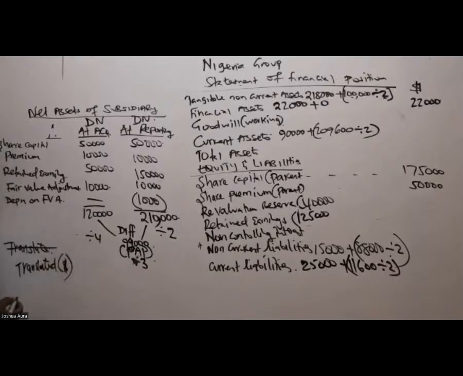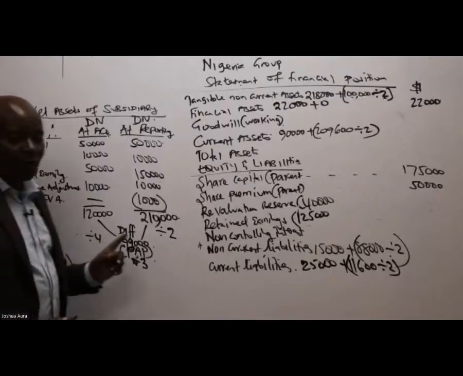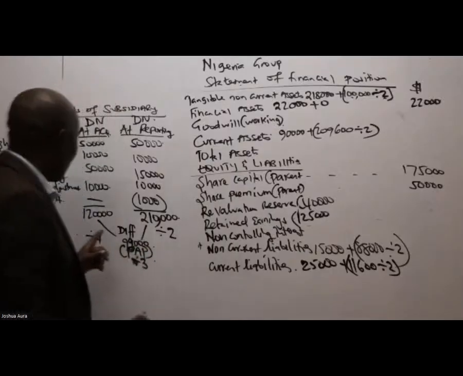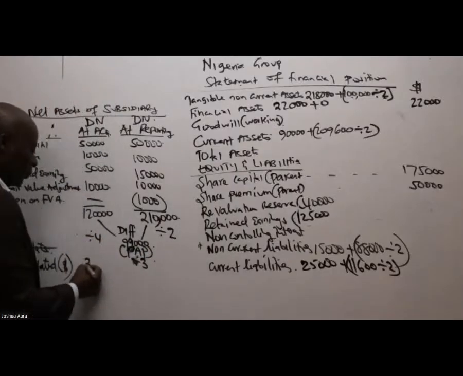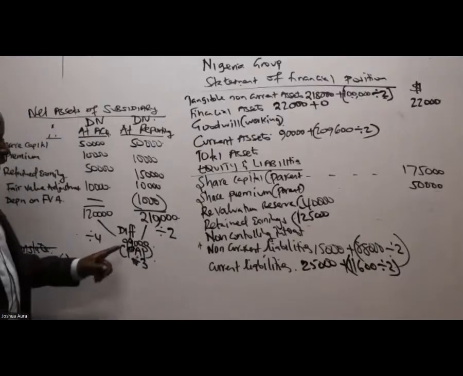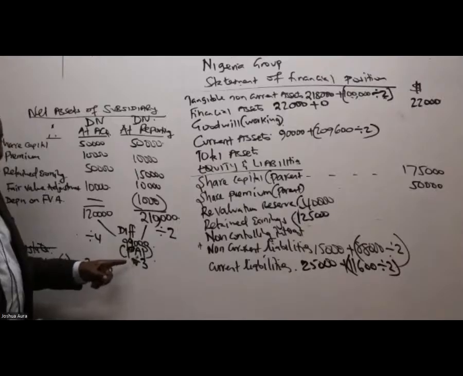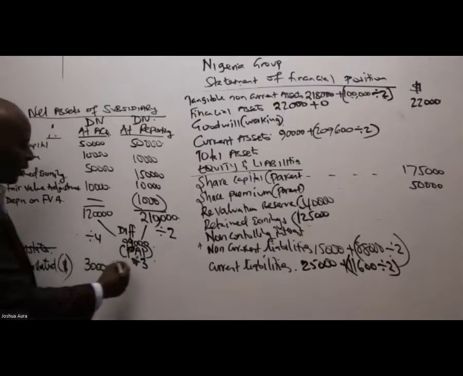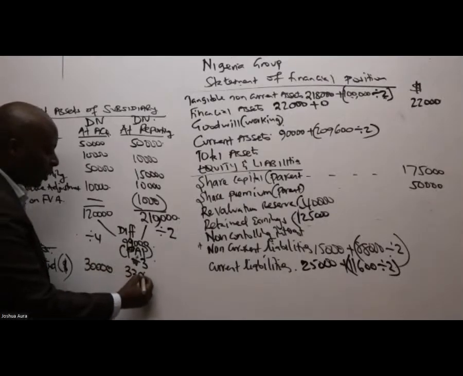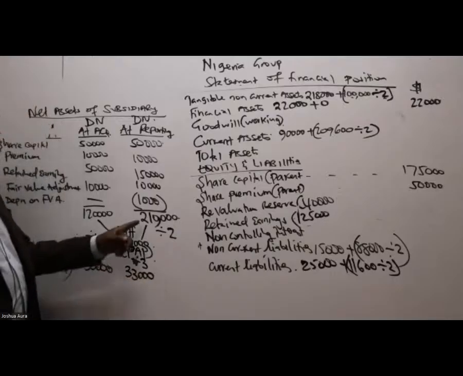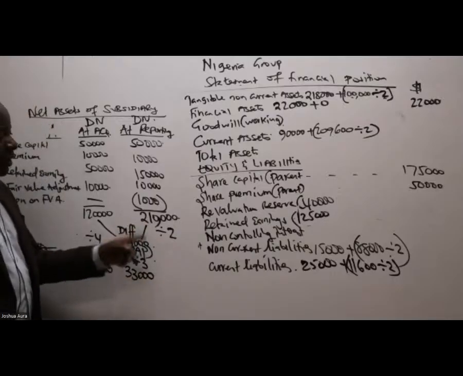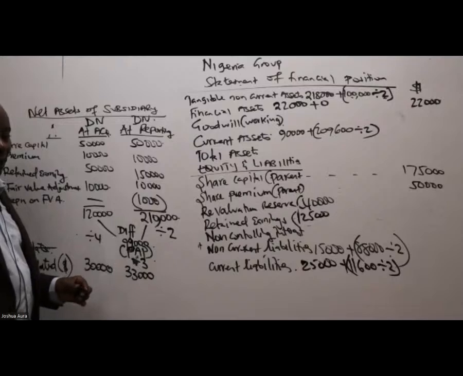What is 120 divided by 4? Somebody is giving me 30,000. Thank you very much. And then we have 99,000 divided by 3, which is 33,000. And then we have the last one, which is 219,000 divided by 2.